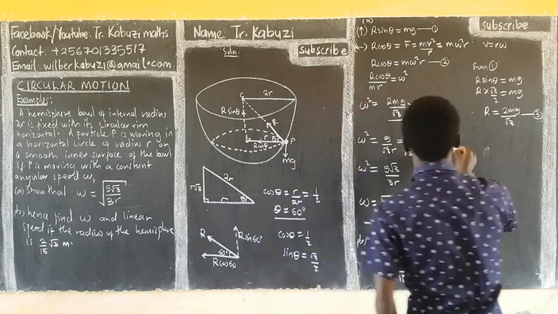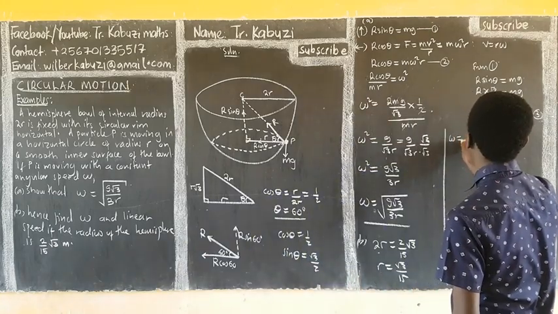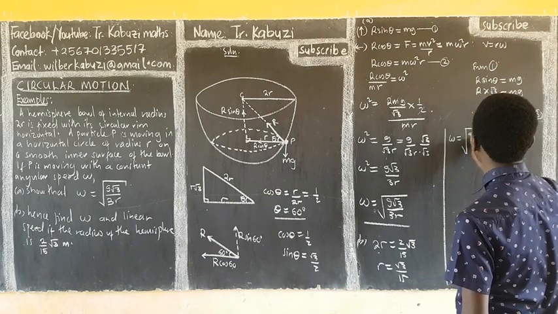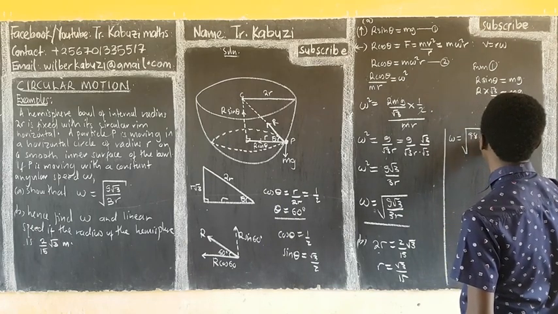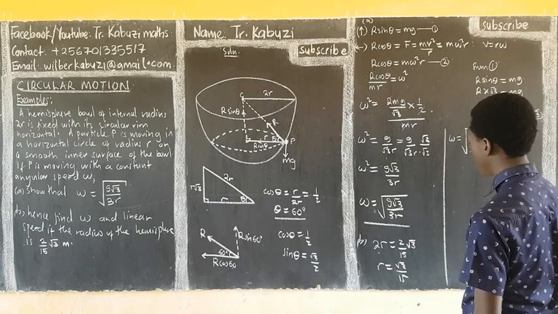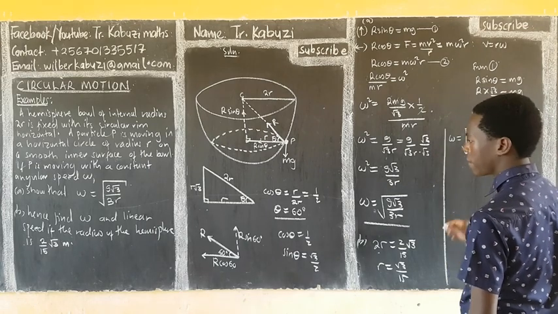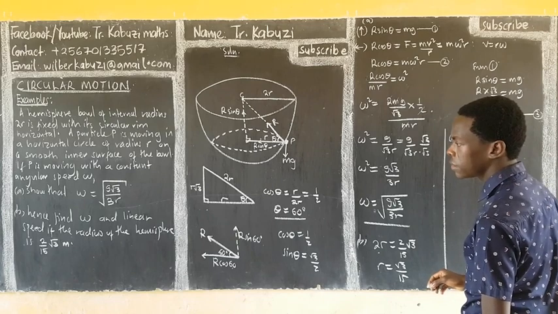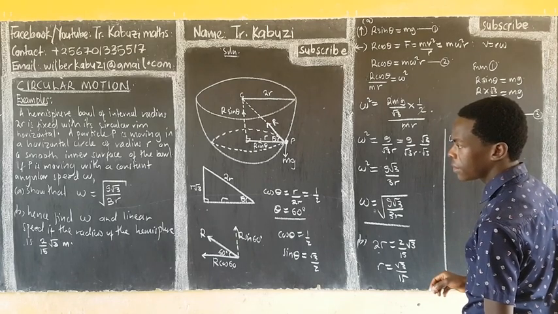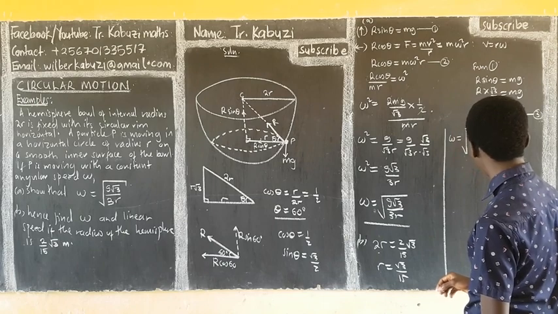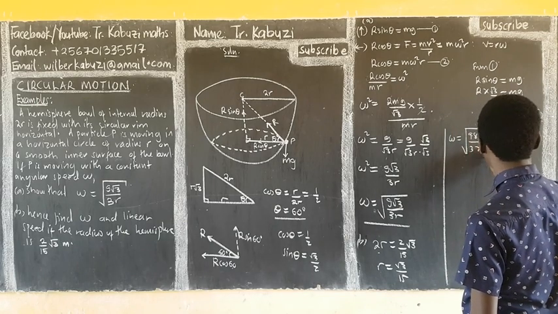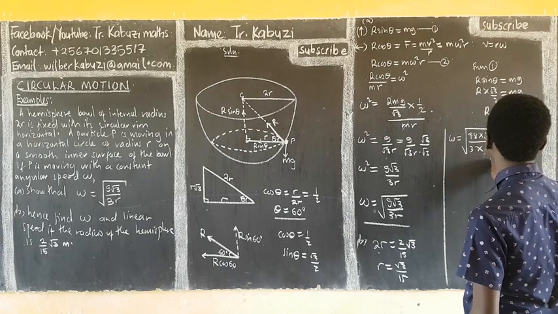Coming from here, my omega will be the square root of, we know g is 9.8, times root 3 over 3, times the radius, which is going to be root 3 over 15.